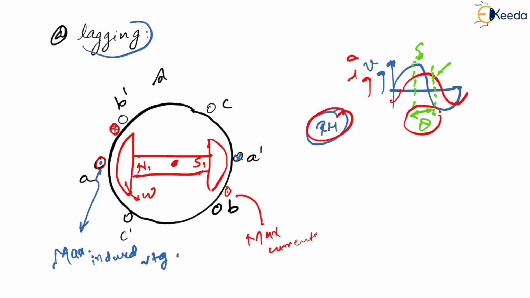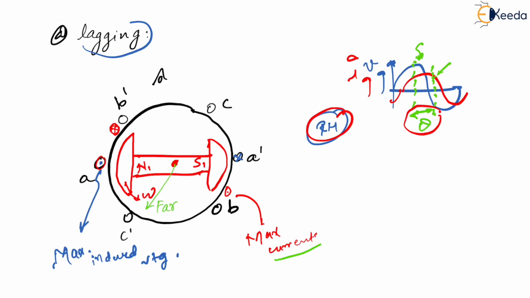Now again, by applying the same right hand rule, you get one rotating magnetic field which will be produced along the axis of MMF in which maximum currents flow. So F_AR will be somewhere over here. This becomes your F_AR, the MMF of the armature, correct?